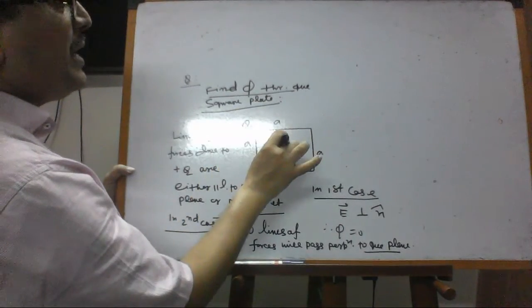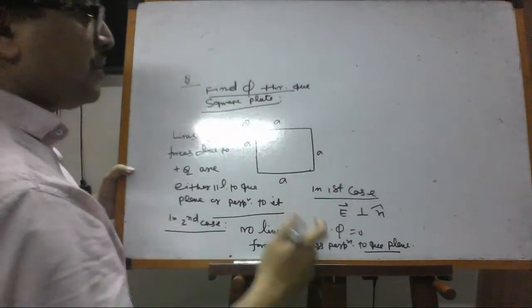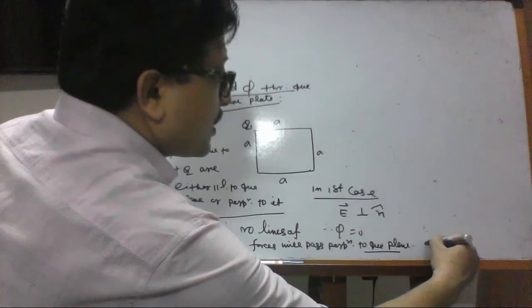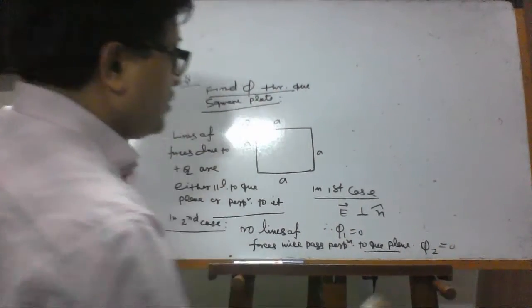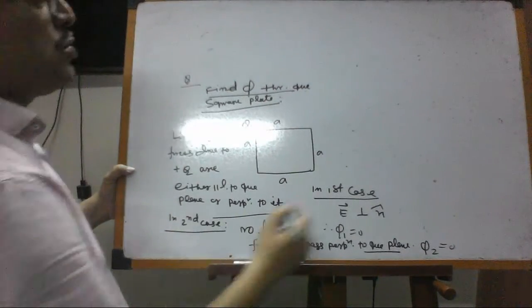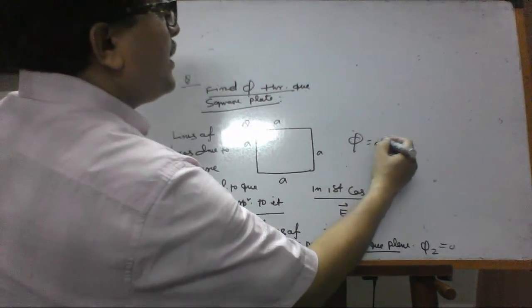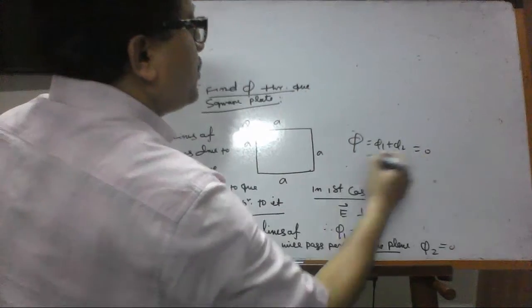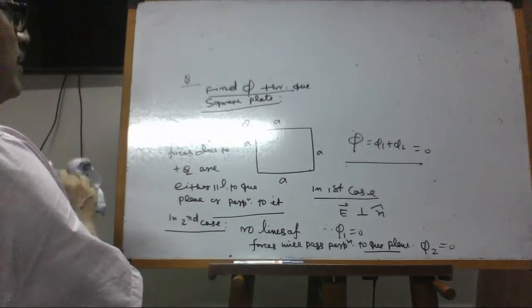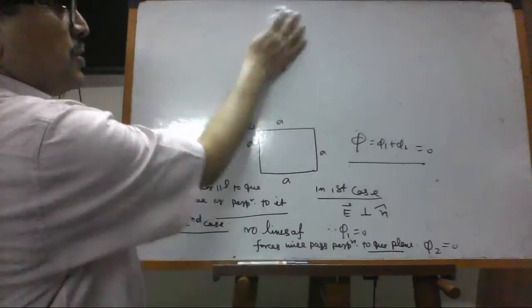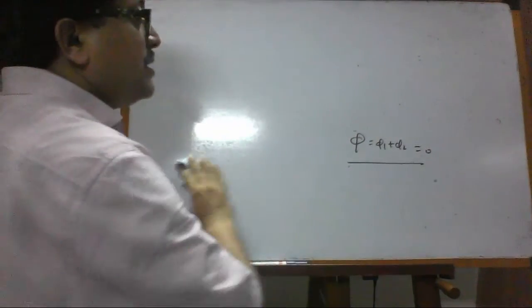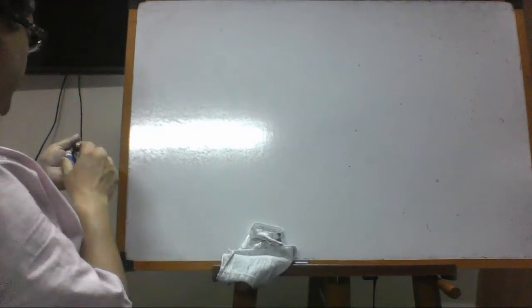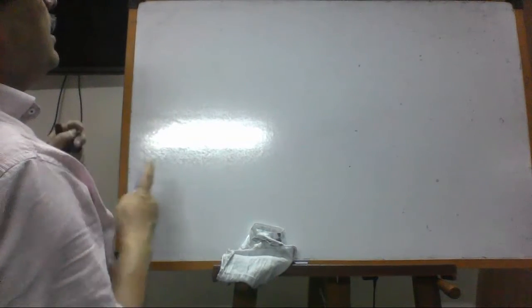It will not extend here because the charge is situated here. So in this case also, phi 2 equals 0. So total flux through the surface, phi equal to phi 1 plus phi 2, will be equal to 0. Okay. So second case we did, and one example we did where the concept is based on both theta 0 degree and theta 90 degree.